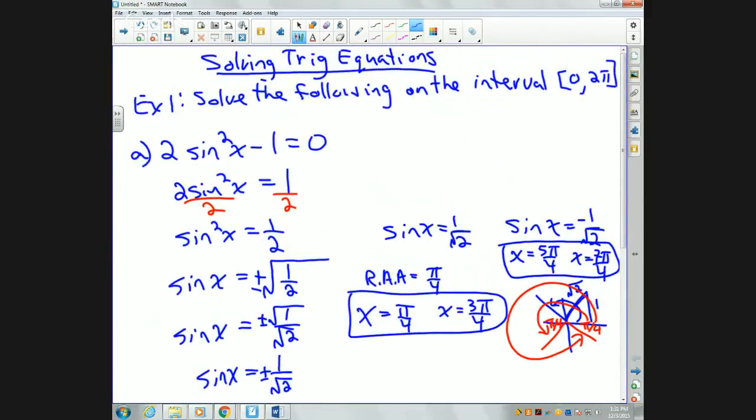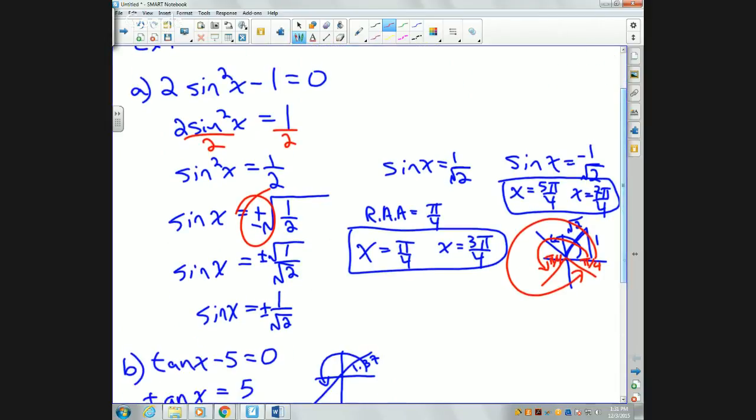The sine squared meant when we took the square root right over here, we got a plus and a minus version. Each one of these trig equations has 2 solutions. Sine x equals 1 over root 2 in 2 places, and sine x equals negative 1 over root 2 in 2 places. So that's why we ended up with 2 solutions. It was because we had to take the square root over here.